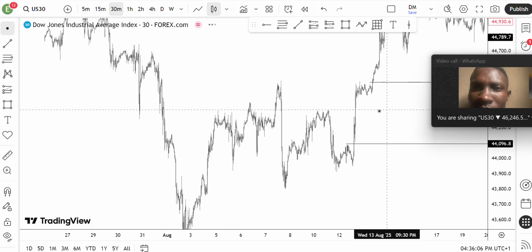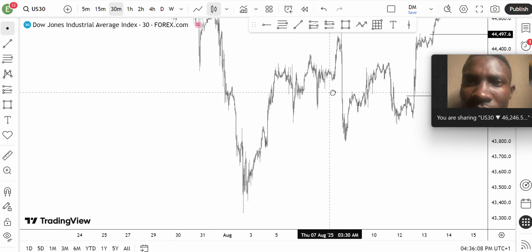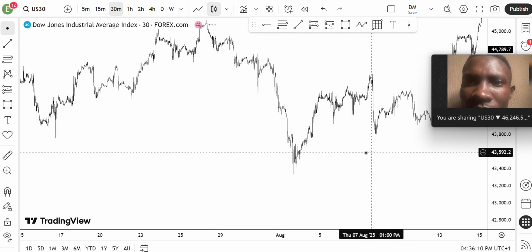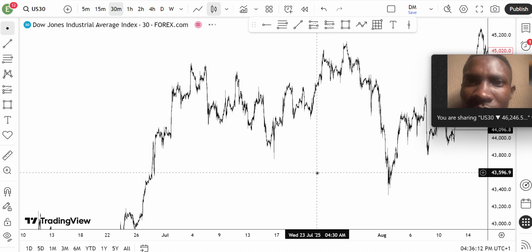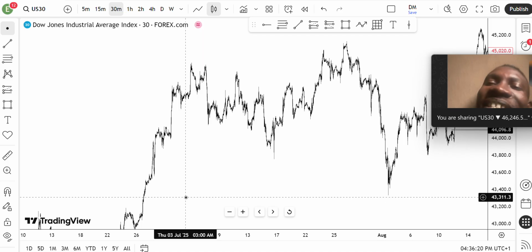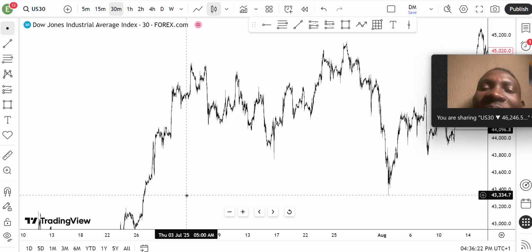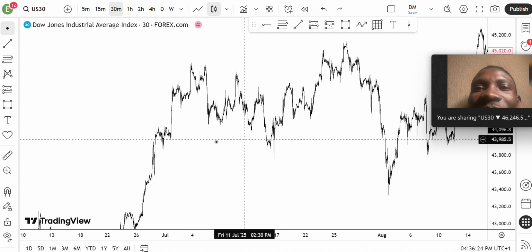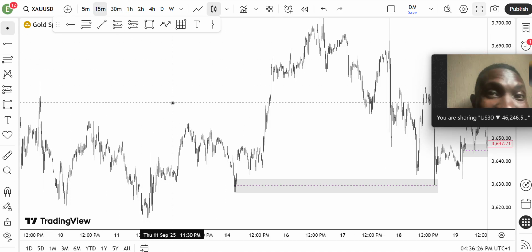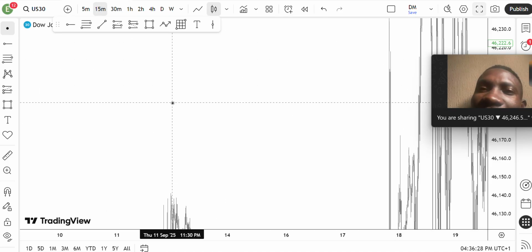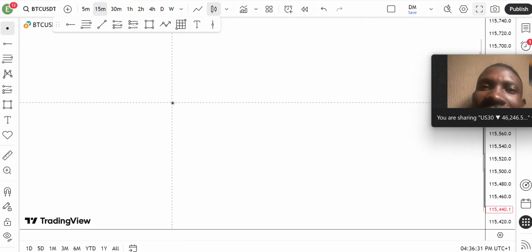US 30 is a very tricky pair. If somebody is just coming into the market and they say that they want to start trading US 30, the advice that you would give someone like me who is starting in the future: should I stick to Great Britain pound, just stick to all those forex pairs?